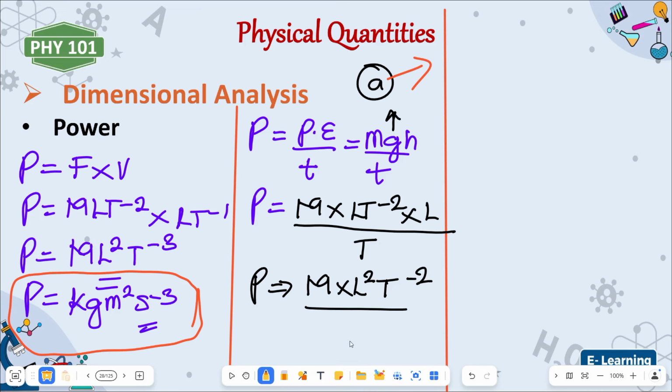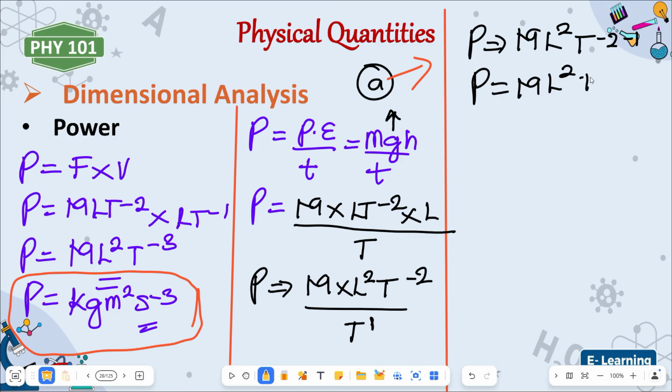All over this T. L times L, L squared, and T^-2, all over T. So at the end of the day, power will be equal to mL^2T^-2 over T. Now, this one here, if it crosses up, it becomes minus 1. So T^-2-1. Power will be equal to mL^2T^-3. Alright? You know why it's like that.